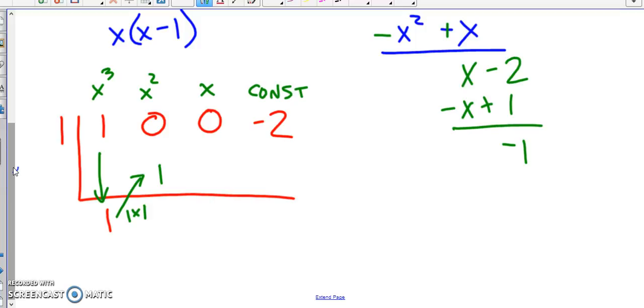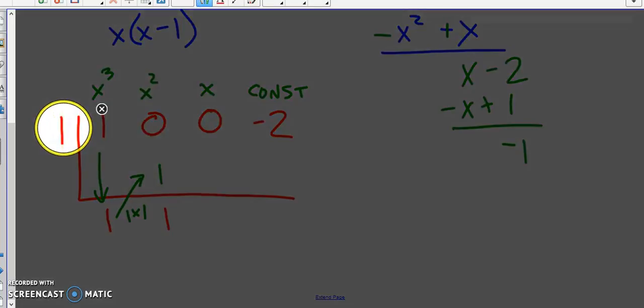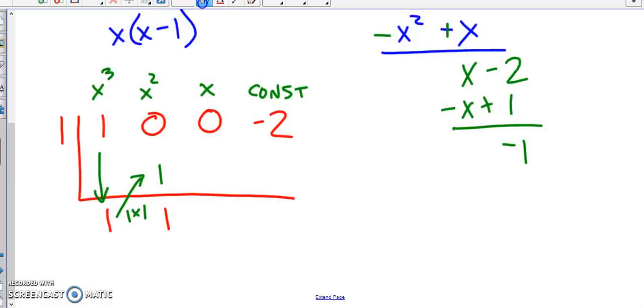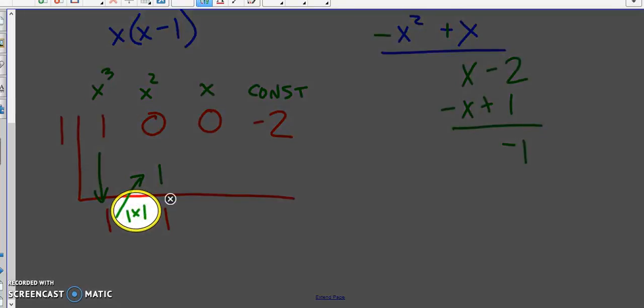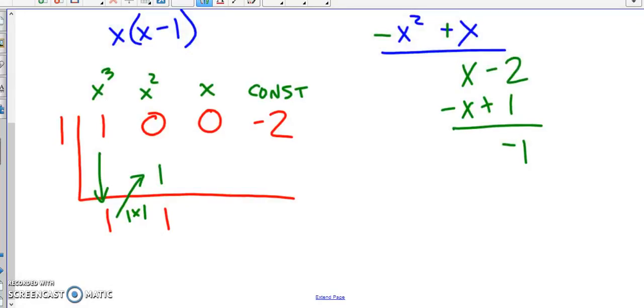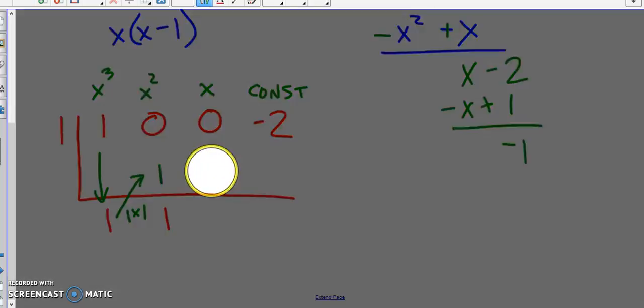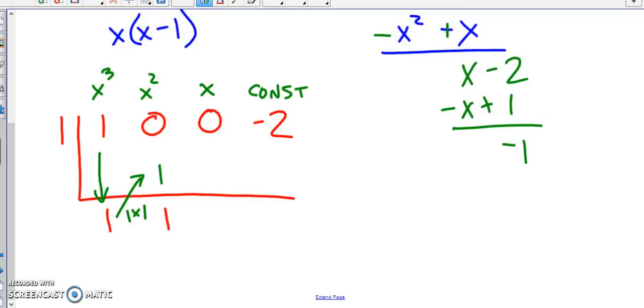And then you add going down. 0 plus 1 is 1. And the 1 that you're multiplying by is this one right here. So if that had been a 2, this right here would have been 1 times 2, which would have been 2. 0 plus 2 would have been 2, and then 2 times 2 would have been 4 for that spot right there. But this is a 1, so it doesn't really affect anything.